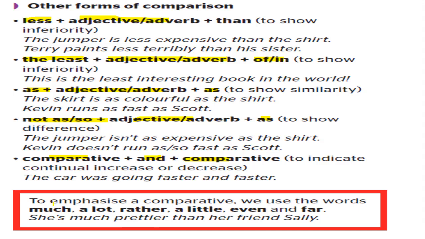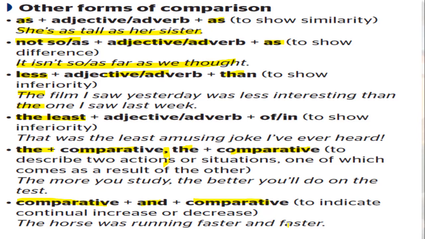We have already talked about how you can emphasize a comparative using words like much, a lot, rather, a little, even, and far. She is much prettier than her friend Sally. Let's watch together this video which uses some forms of comparison.